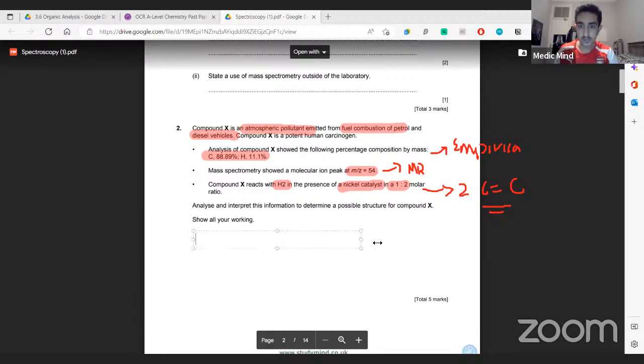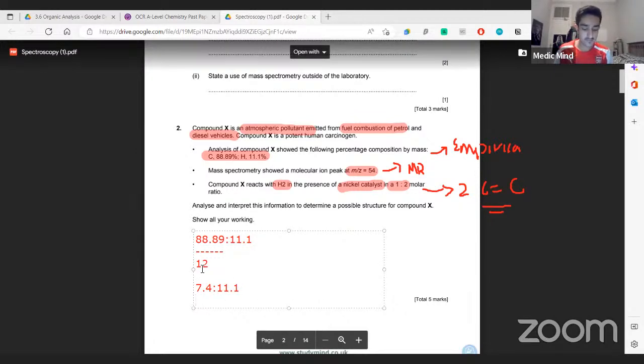Let's do an empirical formula first. 88.89 to 11.1, divide this by 12. So 88.89 divided by 12 is, get my calculator out, 7.4 to 11.1, because obviously you just divide that by 1.